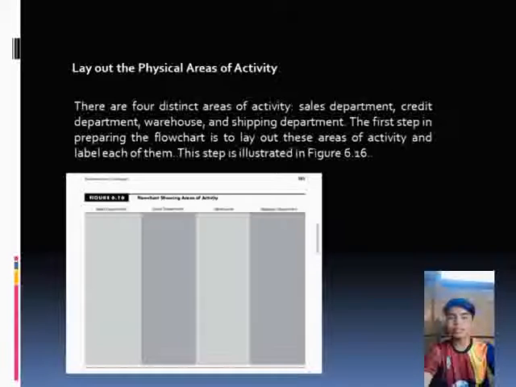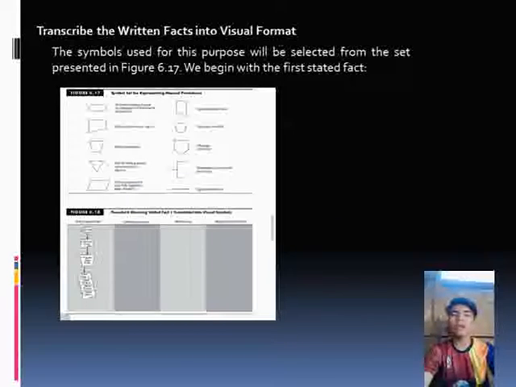From these system facts, we see that there are four distinct areas of activity, which are sales department, credit department, warehouse, and shipping department. The first step in preparing the flowchart is to lay out these areas of activity and label each of them. This step is illustrated in figure 6.6.